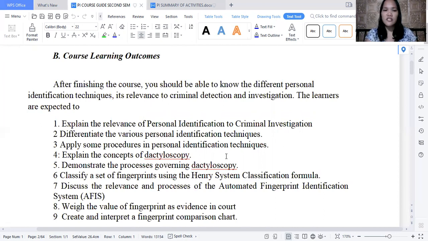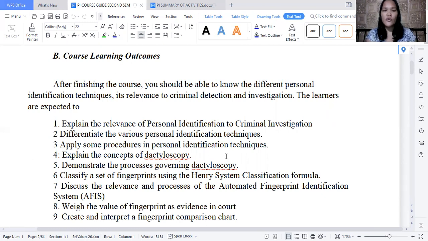Explain the concepts of dactyloscopy, demonstrate the processes governing dactyloscopy, classify a set of fingerprints using the Henry System classification formula, and discuss the relevance and processes of the automated fingerprint identification system.